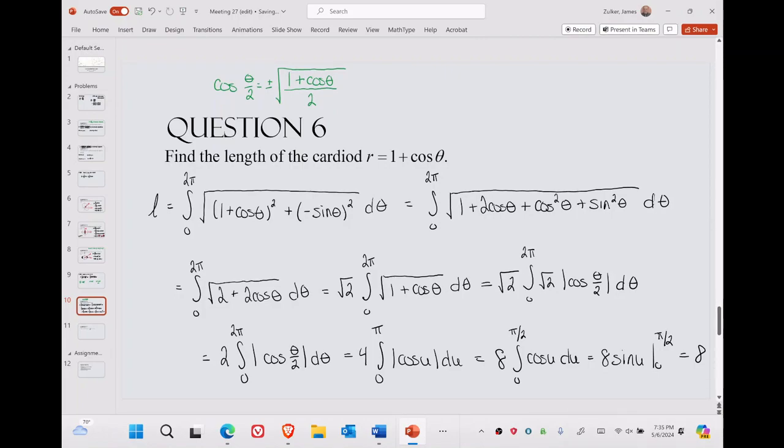I always forget the half angle identities. That absolute value is important. Take away the absolute value, integrate from 0 to pi, you get 0.